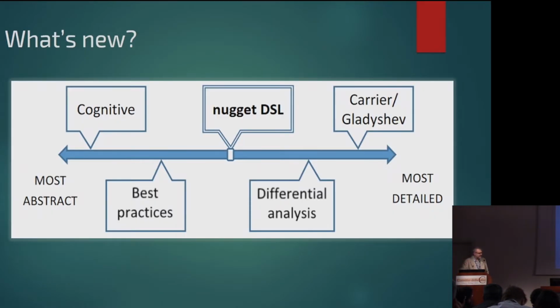So if you want a bigger context as to where this fits in, we're in the middle. If you look at the left side, we have these abstract models that stem from the cognitive. One of the models that I like to use is the Pirolli-Card model, which, if you're familiar with information foraging theory, describes how we search for information.